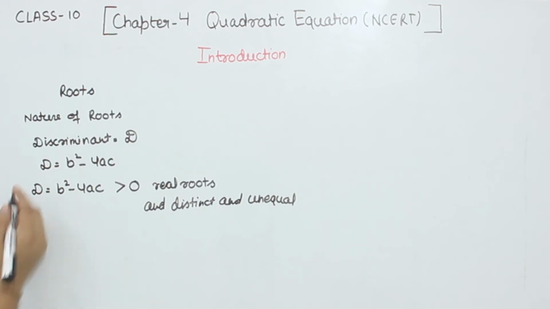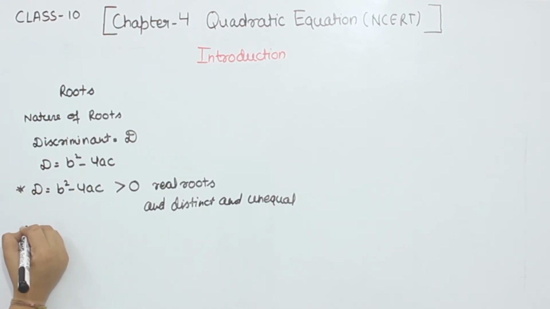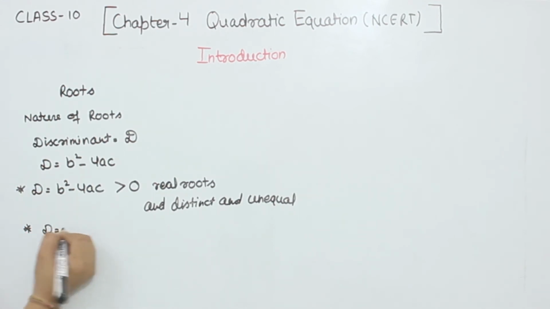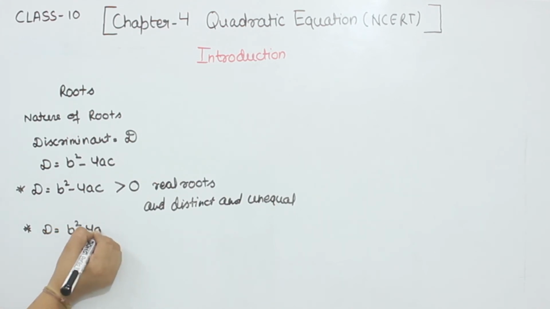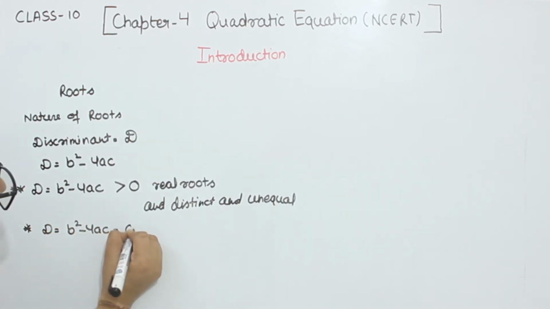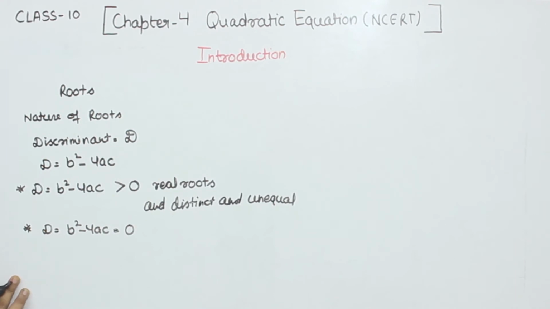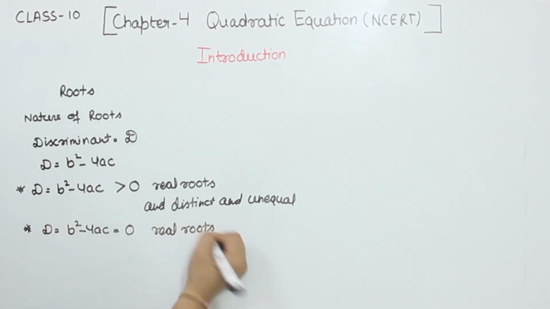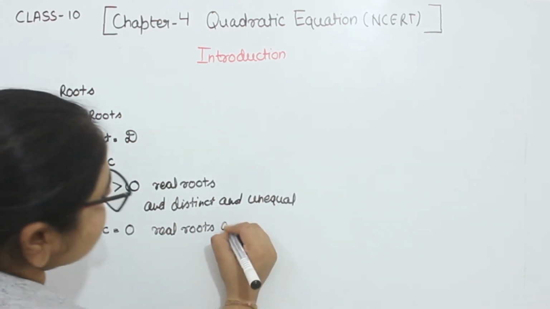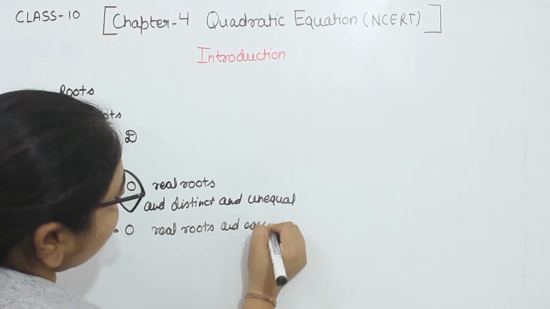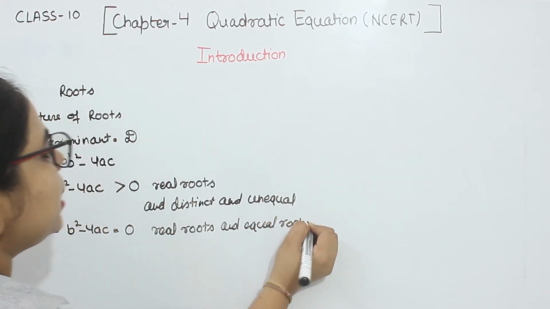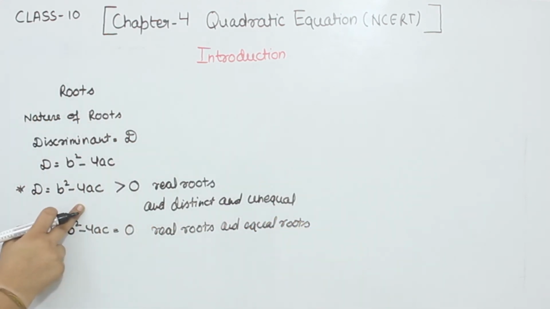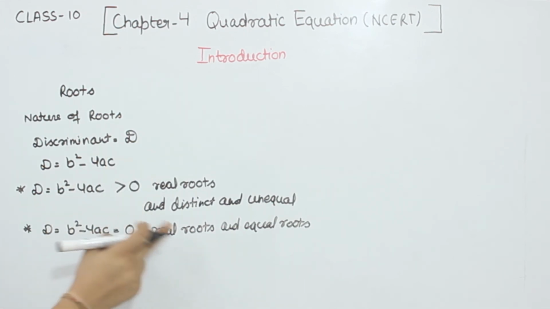Now comes the second situation, where D, b square minus 4ac, is equal to 0. Then the roots are real roots and equal roots. In case this is greater than 0, we have real roots, and in case it is equal to 0, we also have real roots.